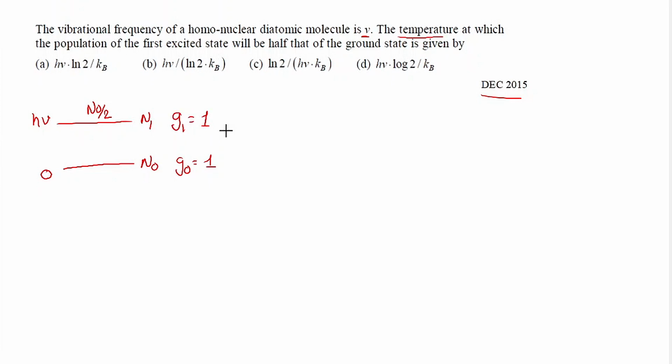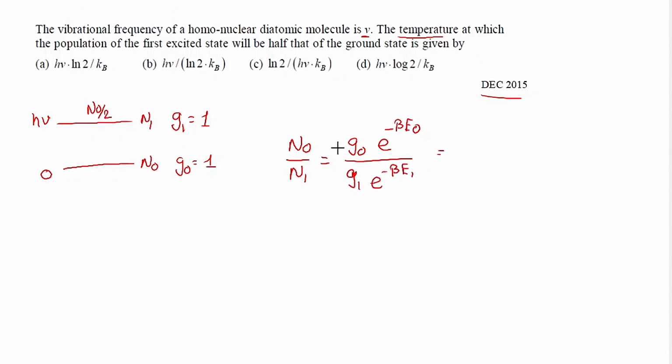So degeneracies are 1, and we can calculate in this particular manner: n0 upon n1 is equal to G0 e raised to minus beta E0 upon G1 e raised to minus beta E1.